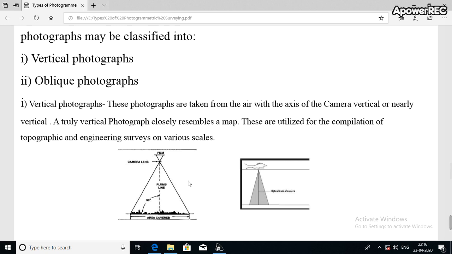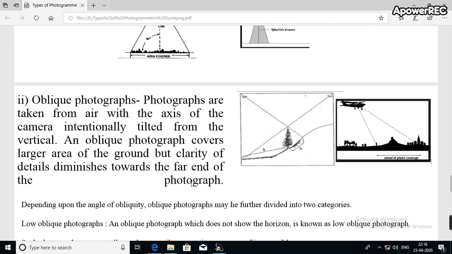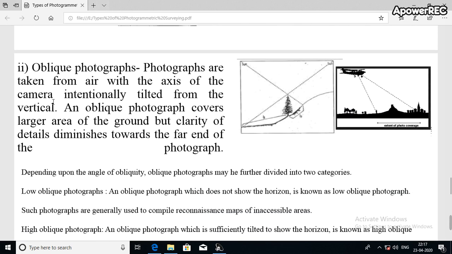Now, in the case of the oblique photograph, the camera angle will be slightly varying. The photographs are taken with the axis of the camera intentionally tilted. The angle generally varies, but in most cases it is taken as 3 degrees. The oblique photograph gives us the advantage of capturing a larger area compared to the vertical photograph.